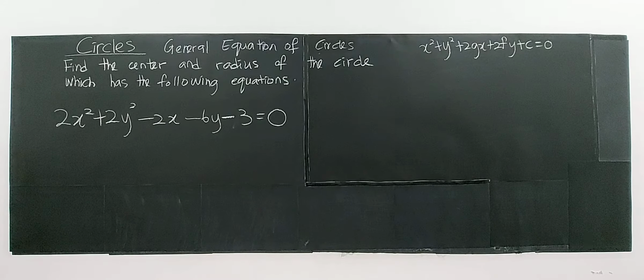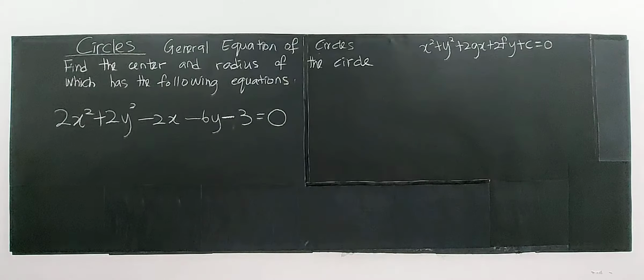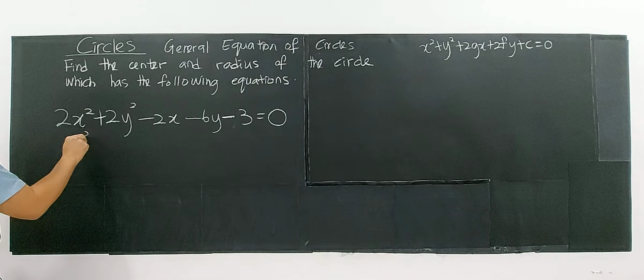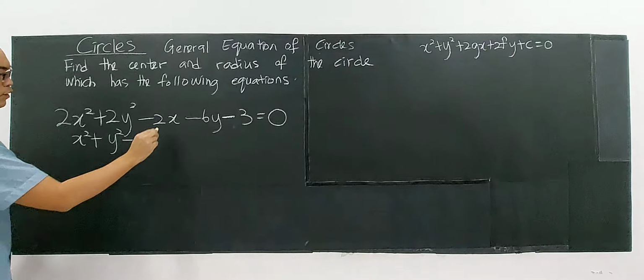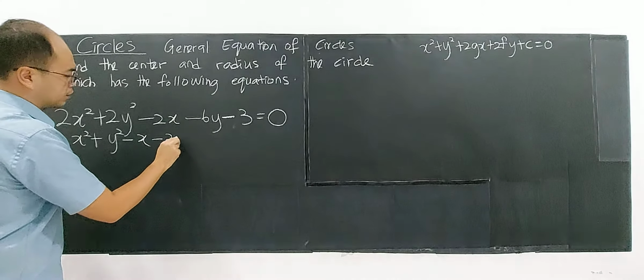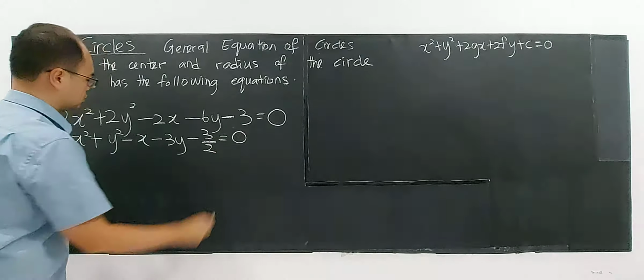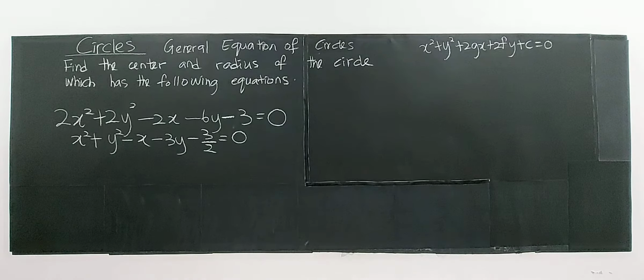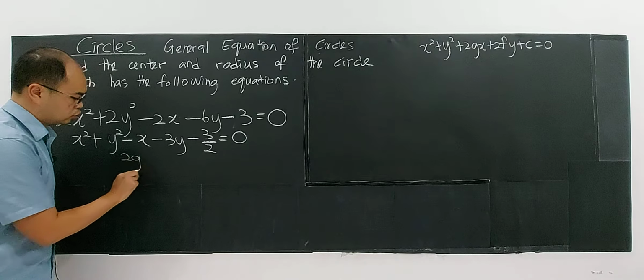So in this case, I'm going to divide the general equation by 2: x squared plus y squared, negative x, negative 3 over 2, equals 0. And then only we apply the formula to find the center.